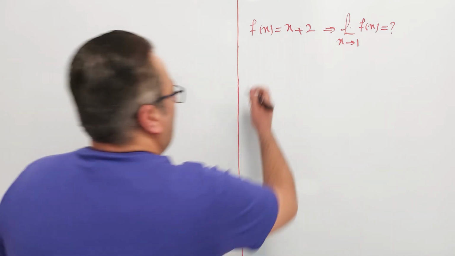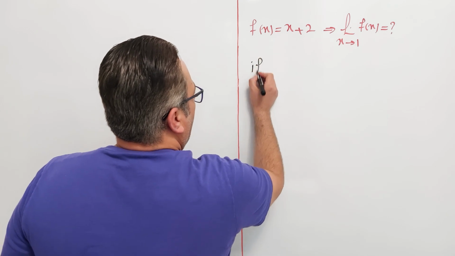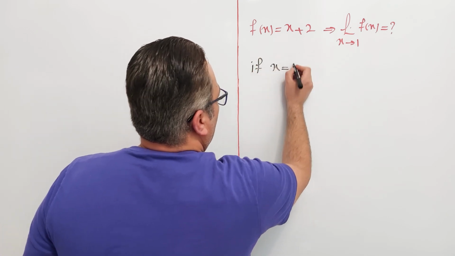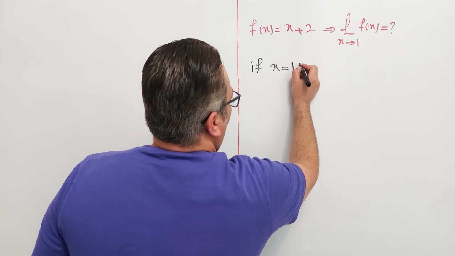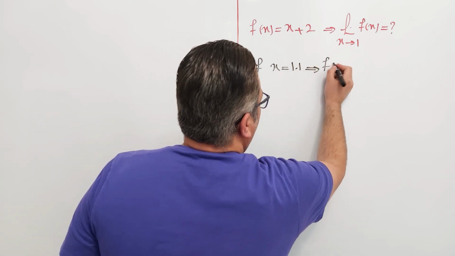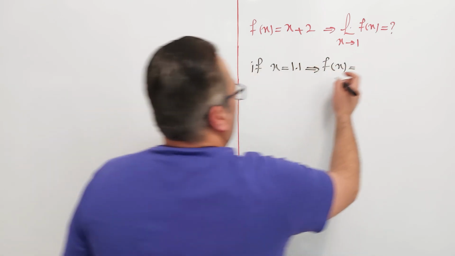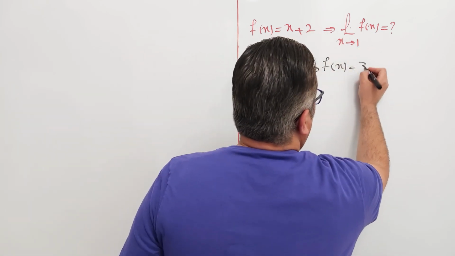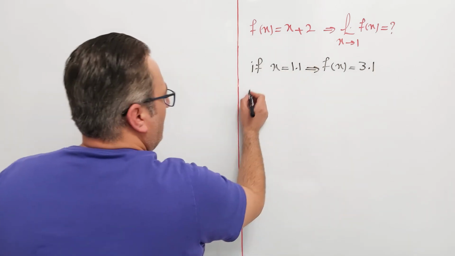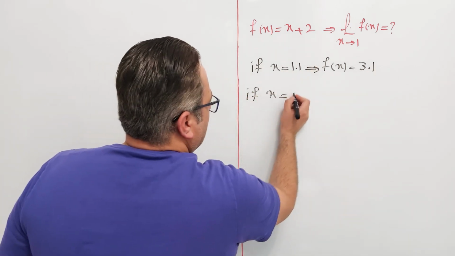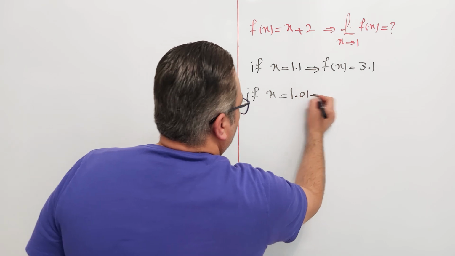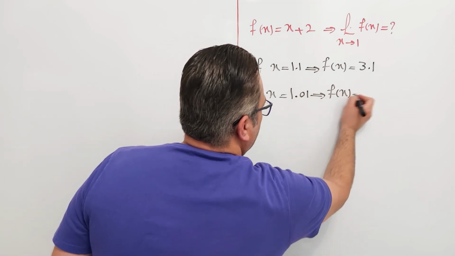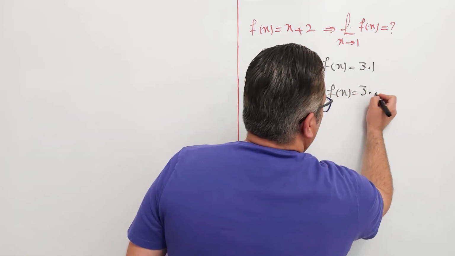For example, if x = 1.1, then f(x) = 1.1 + 2 = 3.1. If x = 1.01, then f(x) = 3.01.